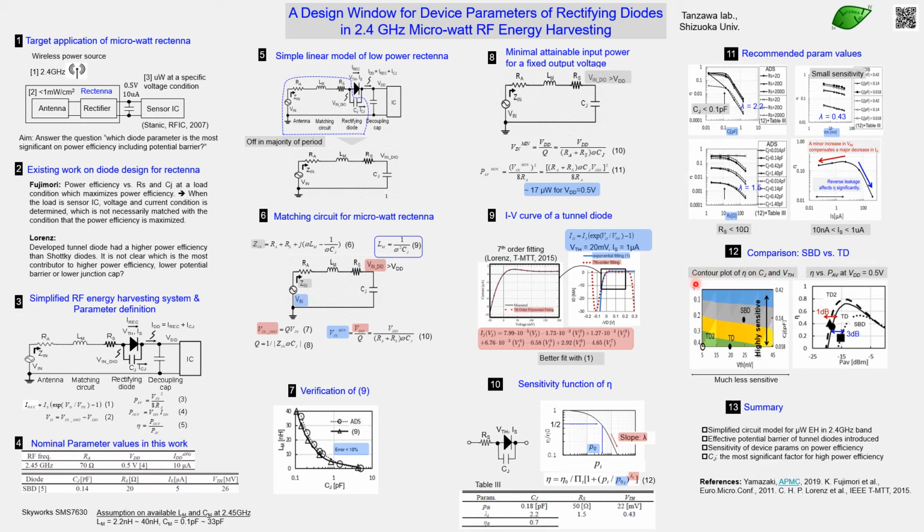And this graph shows a contour plot of eta on CJ and VTH. The boundaries indicate eta of 10%, 20%, 30%, 40%.